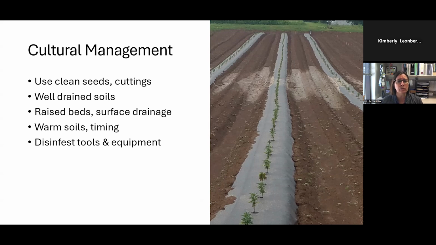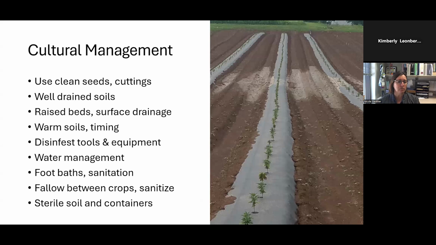Wait until the soils are warmer, so time that crop, especially for field production. And in between crops, between working in different blocks or zones or across a larger farm, disinfest tools and equipment each time you work, so you're not entering a field with dirty equipment from a previous block. Remember, those pathogens will hitchhike.